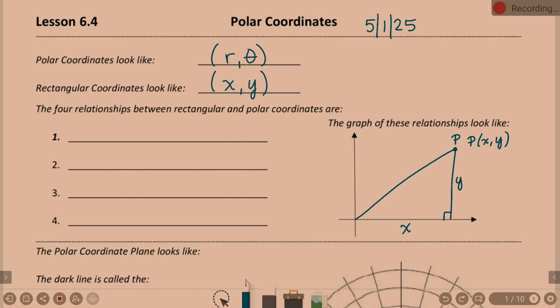Of course, we know the horizontal axis in rectangular coordinates is my x-axis. The vertical axis is my y-axis. What about that center? 0, 0, also known as the origin.